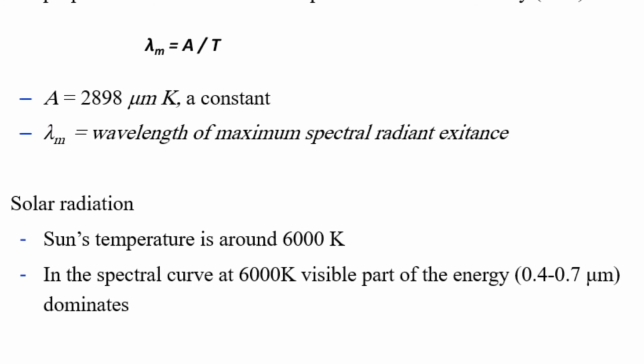Here, A is a constant which is equal to 2898 micrometer Kelvin. The sun's temperature is around 6000 Kelvin. And from the figure, it can be observed that the visible part of the electromagnetic energy dominates in the radiant exitance from the sun.